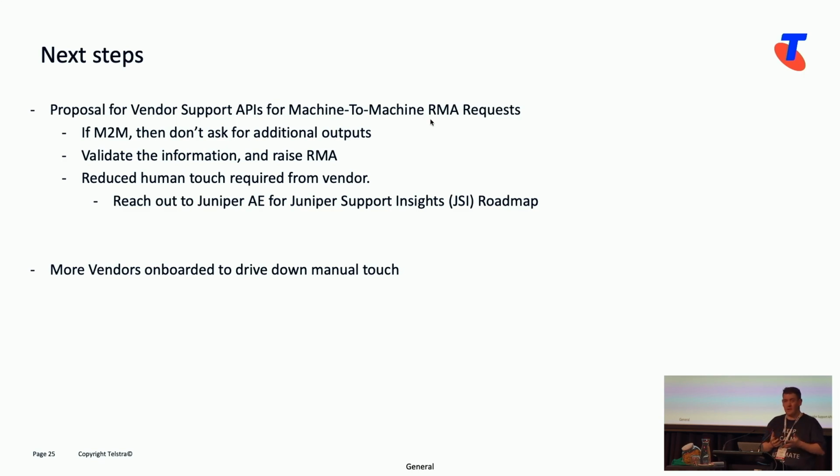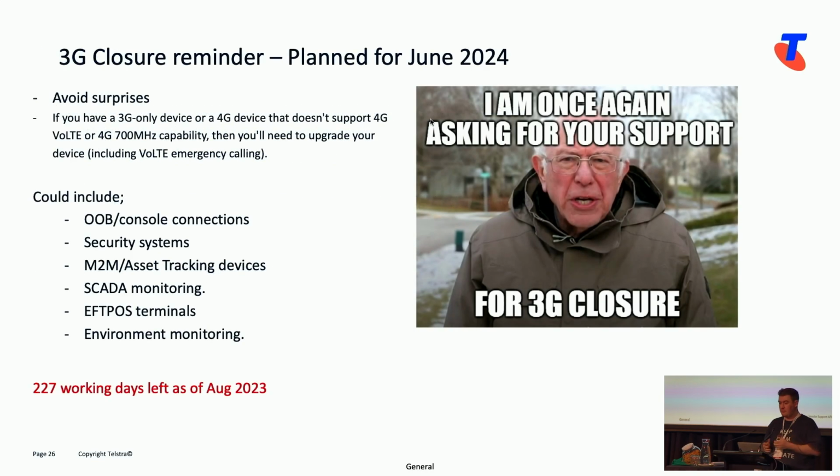We're really excited about some of the opportunities that may exist with Juniper Support Insights or some of the CISCO products that may integrate machine learning or AI ops to ensure this is much more mature and evolved.